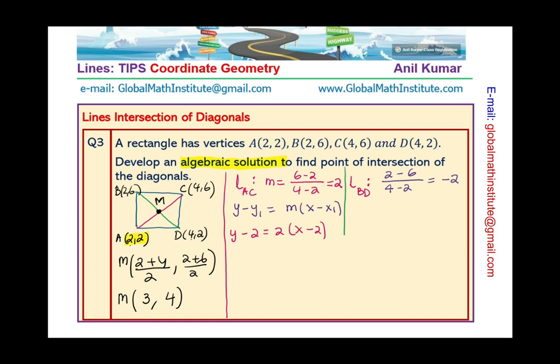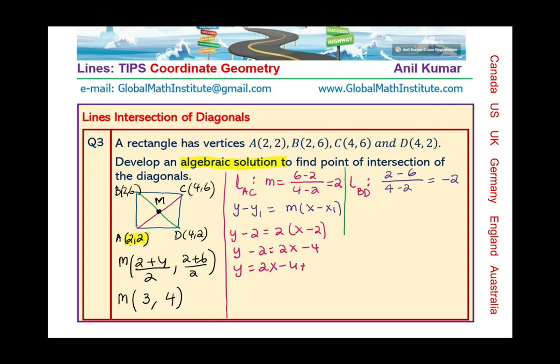We can rearrange it. We get y minus 2 equals to 2x minus 4, right? So bringing 2 to the other side, we get y equals to 2x minus 4 plus 2, which is y equals to 2x minus 2, right? Minus 4 plus 2, we get one equation. Let's call this as equation of first line.